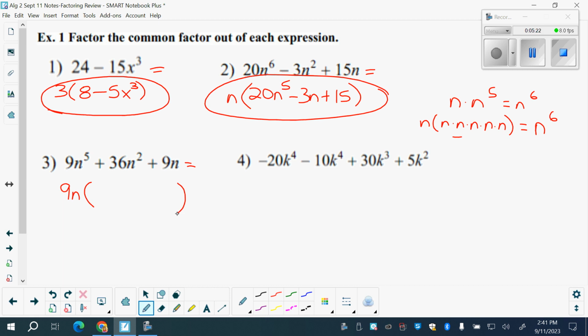So 9n times what gives us 9n to the 5th? n to the 4th. Again, you can add those exponents. This is a 1 plus 4 gives us the 5.